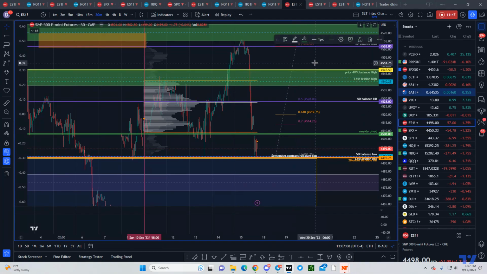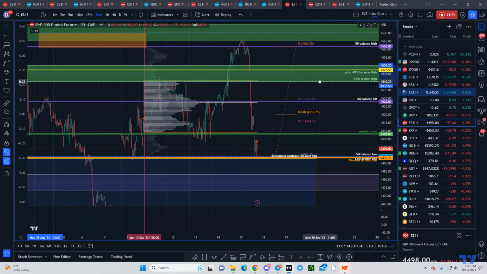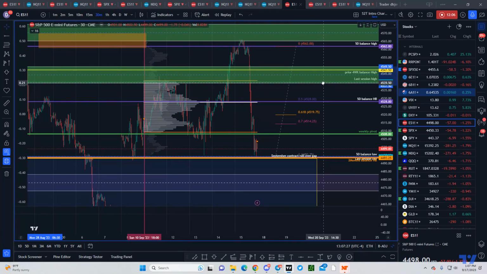So just be on the lookout for this zone. From 37 to 47, that's 10 points. I would like to say start watching from Friday's RTH session high, which is 40. From 40, let's put it 39 and a half so you can watch for that area there.